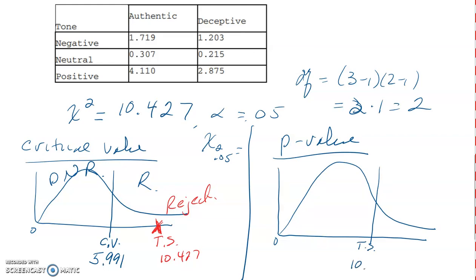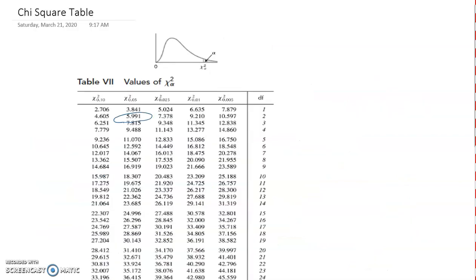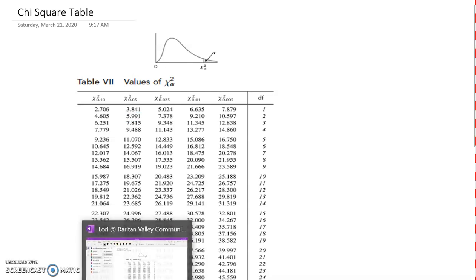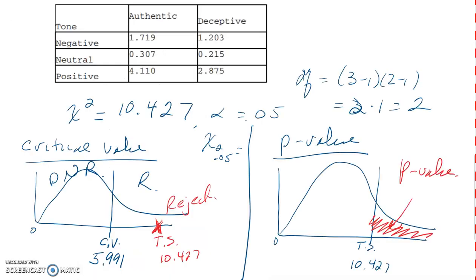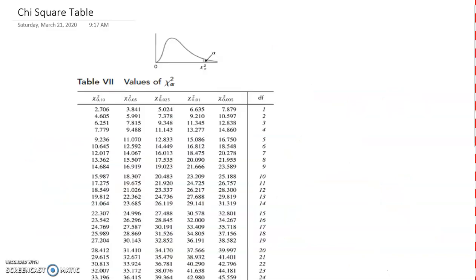That was the 10.427, and this area is going to represent your p-value. So we still need to go back to our chi-square table, still with 2 degrees of freedom, but this time we are going to look for 10.427.